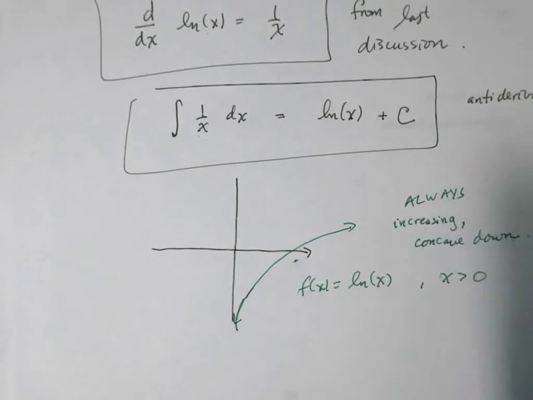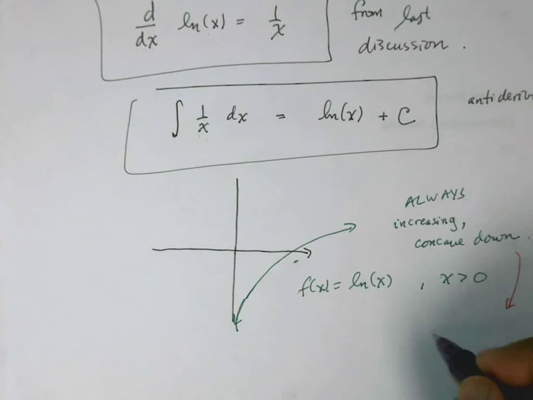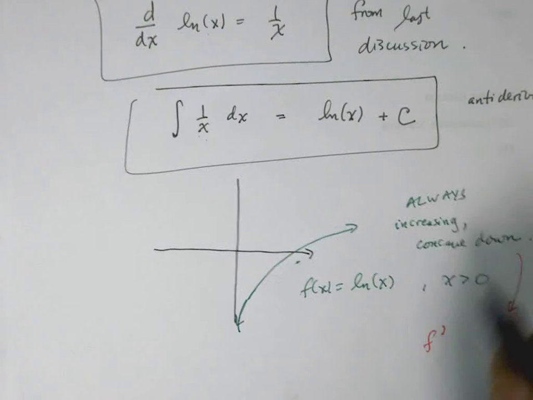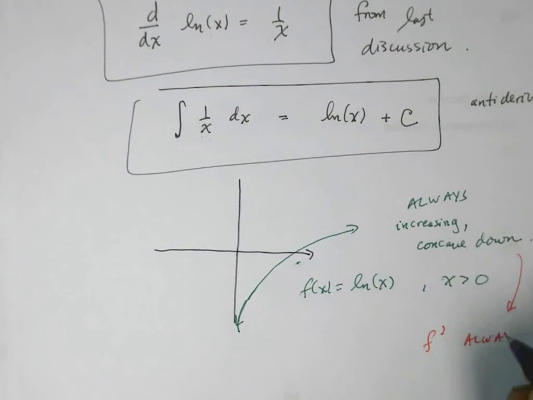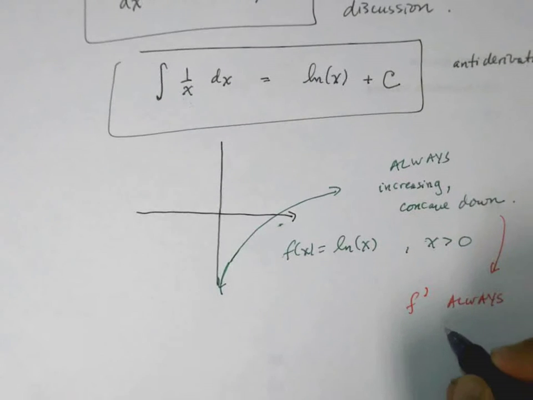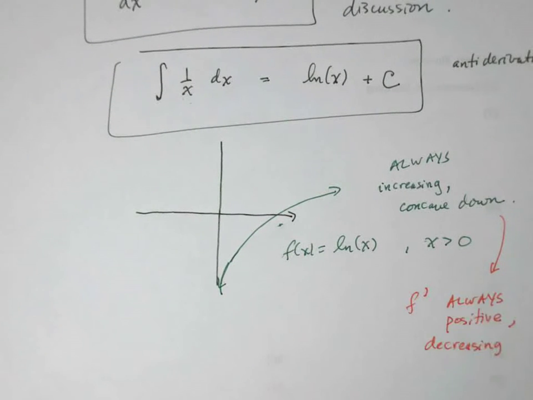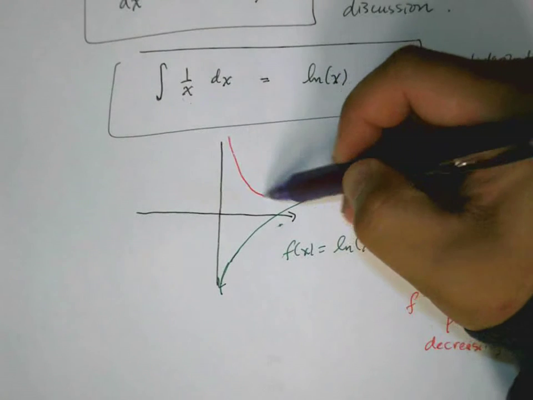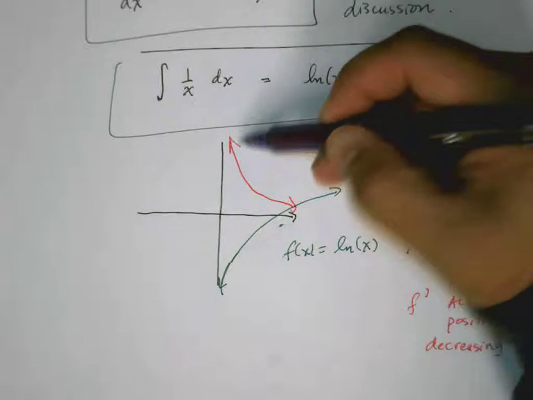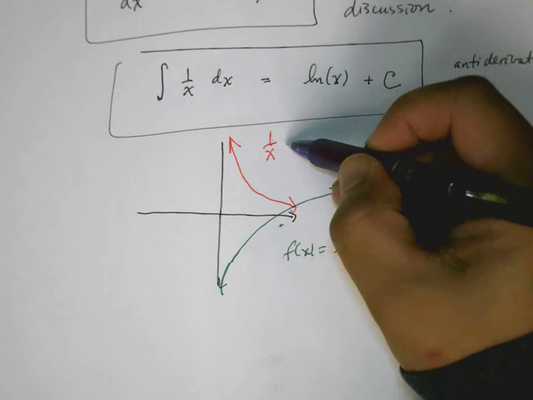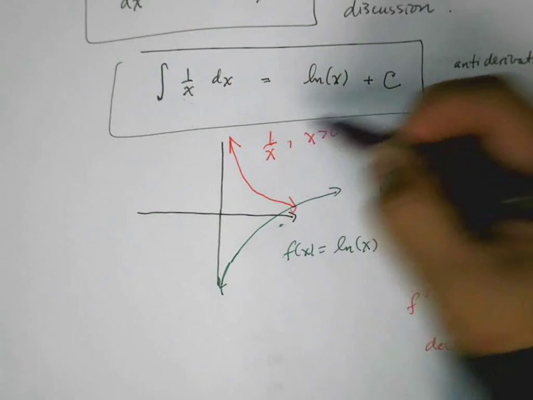So that implies that f prime is always positive, and decreasing since f is concave down. And if we study the 1 over x function, this is 1 over x for x greater than 0, it matches this description.